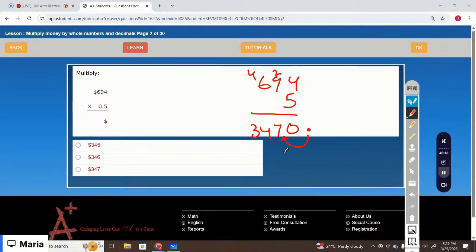That is 347.0, which equals 347. Option number 3 is the correct option.